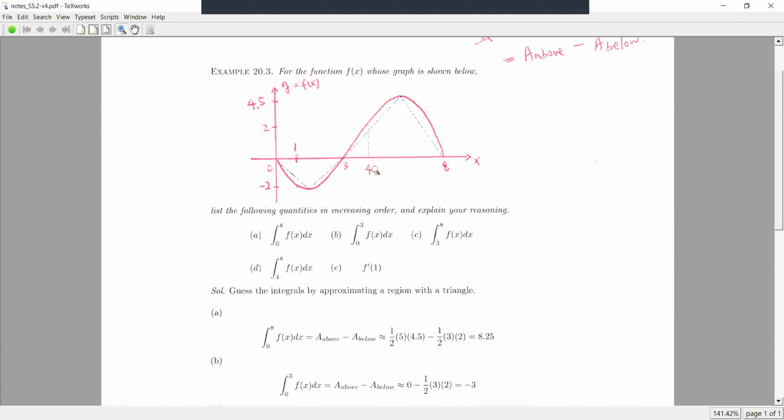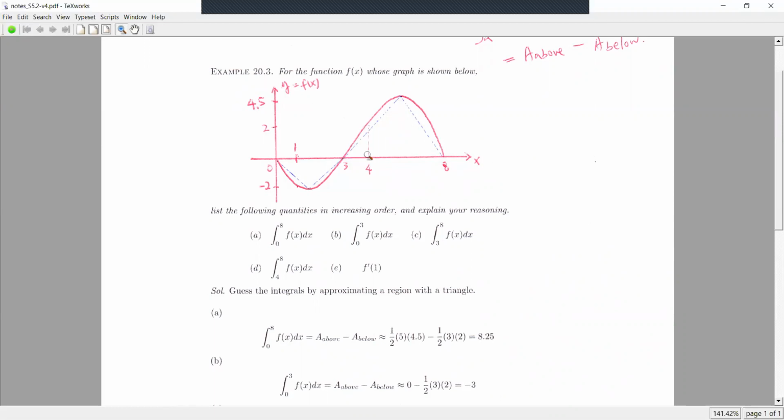This area between 4 and 8 is the area between 3 and 8 minus the area between 3 and 4. For the area between 3 and 8, I can use this triangle to approximate it. For the area between 3 and 4, I can use this smaller triangle to approximate it.